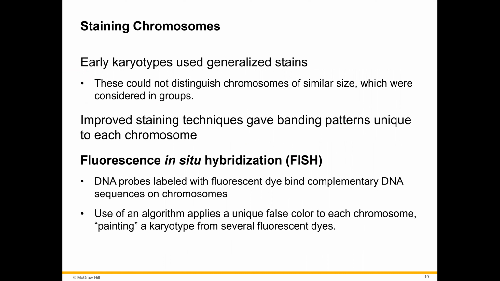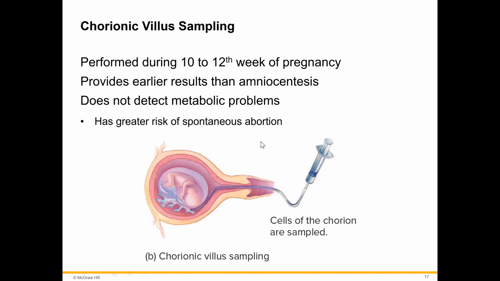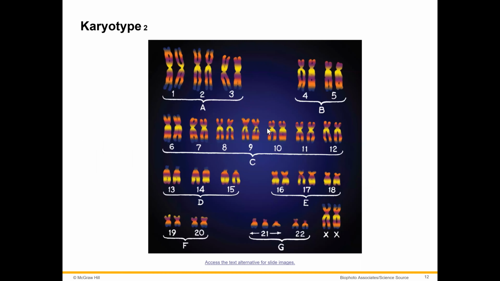Now, when we obtain the DNA from a fetus, we're going to stain it. Early karyotypes used generalized stains. These could not distinguish chromosomes of similar size, which were considered in groups. So the early karyotype was just represented by groups.